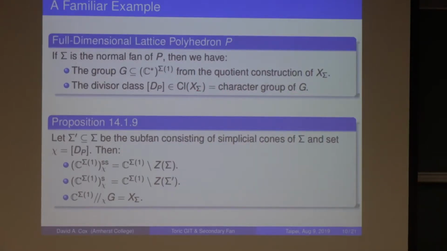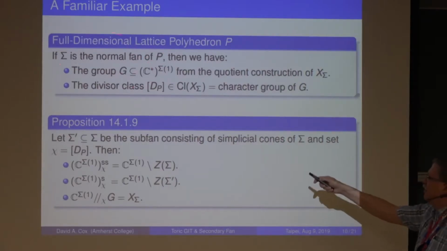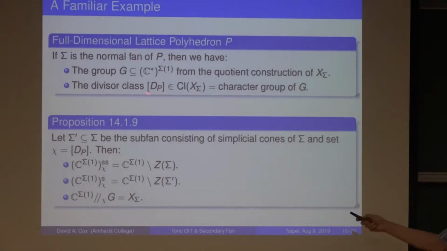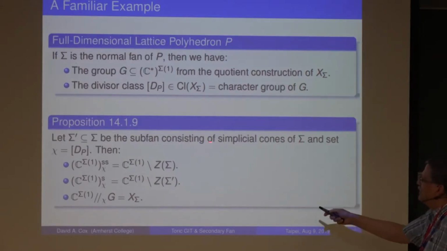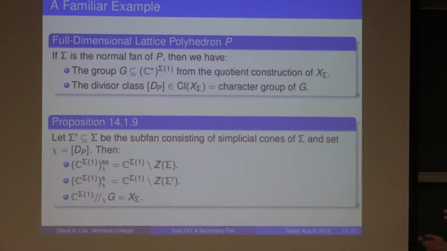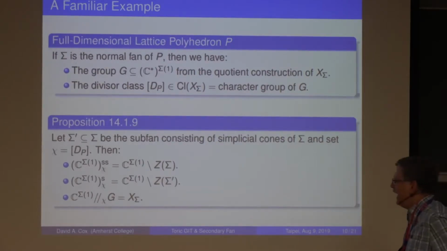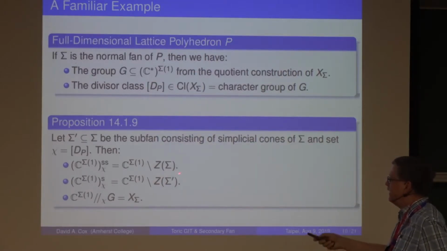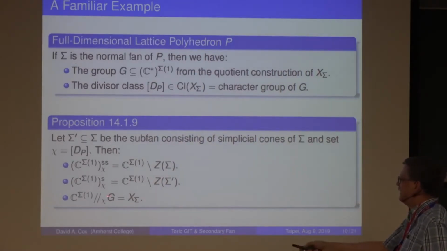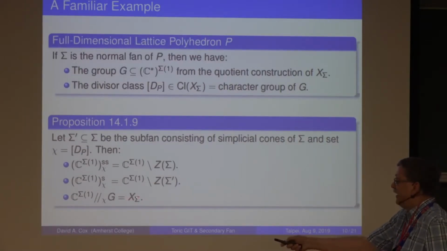So when I'm doing the quotient construction in the case of coming from a polytope, we have this extra structure, we actually have the character. Remember that you don't always get a geometric quotient, but you do get a good categorical quotient. And it turns out the GIT quotient is exactly the toric variety of the normal fan.